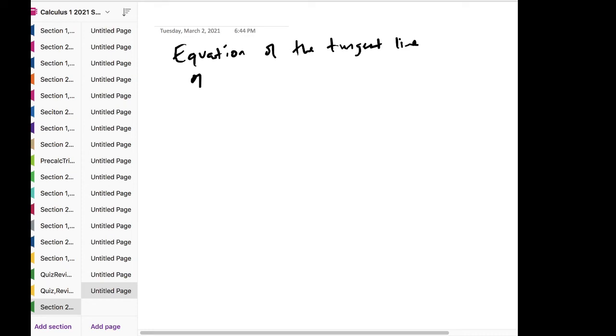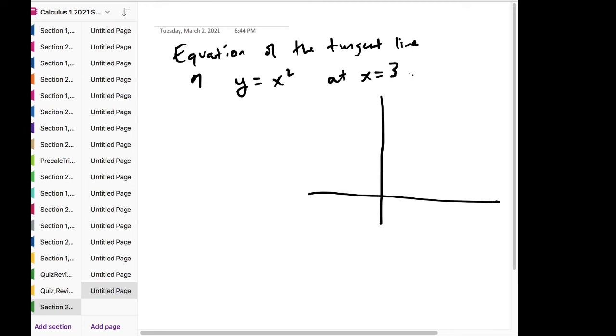Let's just start simple. y equals x squared at x equals 3. Okay, what's your setup without using a formula? Because who cares about a formula? What's one thing you would need?